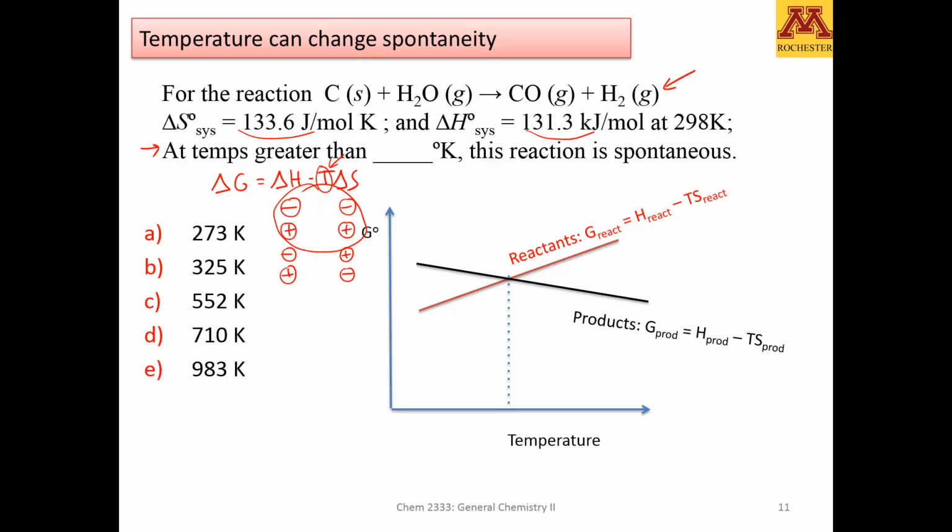spontaneity. Well, you can plot it in the sense that reactants and products are plotted like here. At the beginning, at lower temperatures, notice that at low temperatures the entropic factor is less important, so what is important is the enthalpic, which makes delta G positive. Does that make sense?